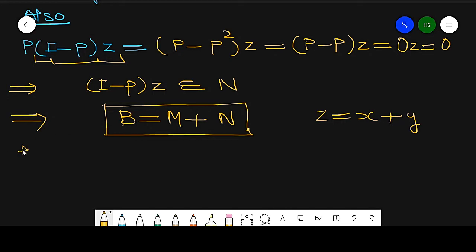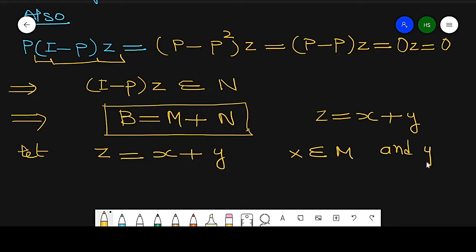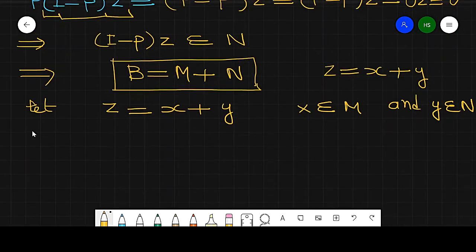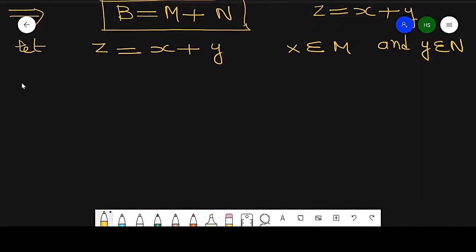To prove the uniqueness, I take Z equal to x plus y, where x belongs to M and y belongs to N. So what is P of Z? This is P of (x plus y).